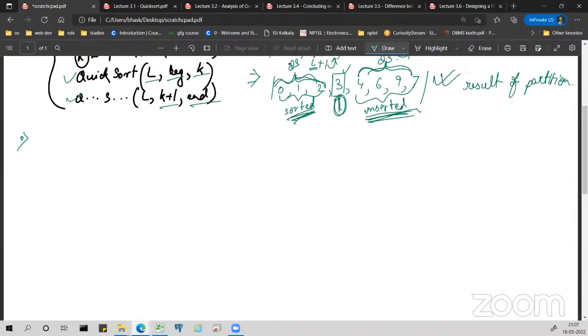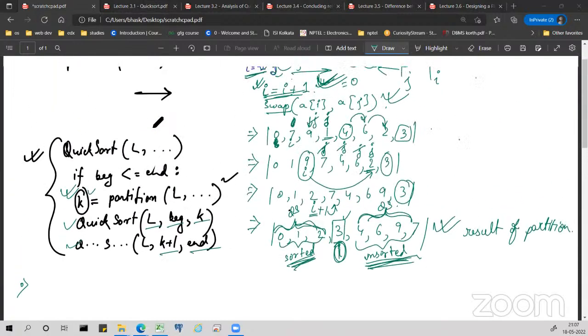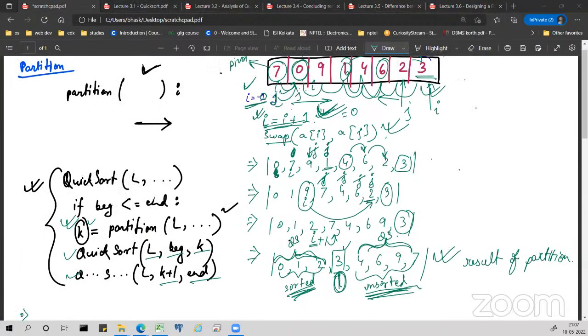What happened? Please scroll the sheet, sir. Scroll, okay. Wait. Yes, sir. More, sir. Yeah. Here, sir, we have looked that the 7 is our pivot. Sorry, can you speak a little louder? I'm not hearing.